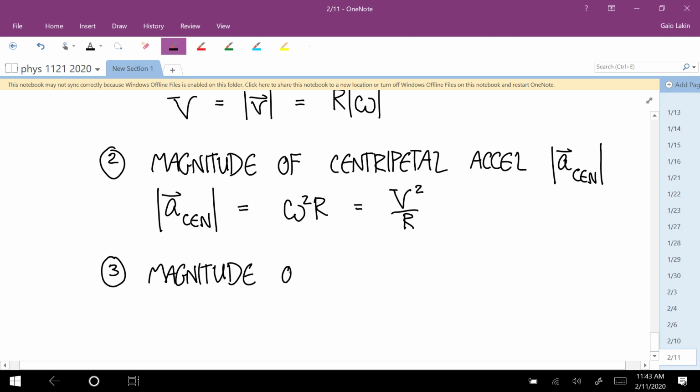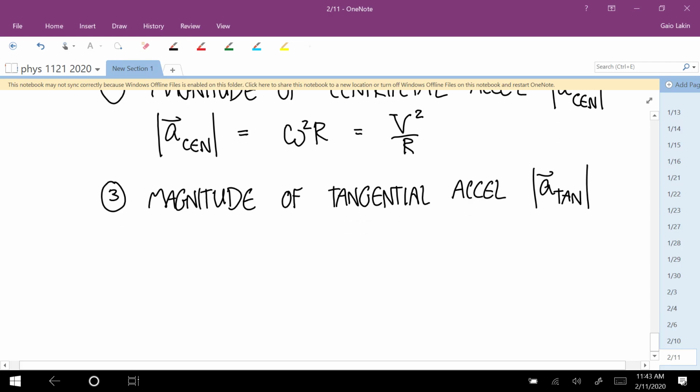So the magnitude of the tangential acceleration is equal to r times the absolute value of alpha. Okay, so any questions?